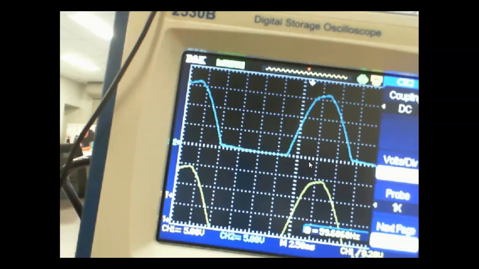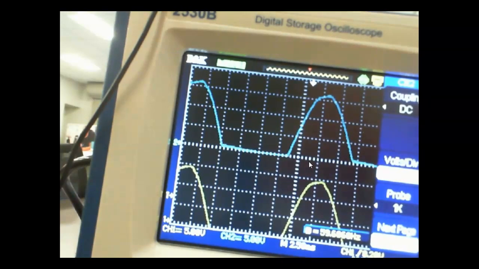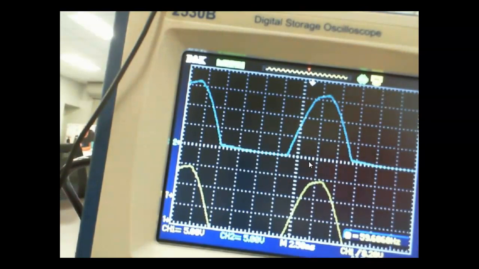So what did we do? We stripped off the alternation and got rid of the negative one, right? This is DC. This is AC. We call this pulsating DC because it's pulsing, right? So this is what you're going to draw across the load, right? That makes sense? Everybody okay?